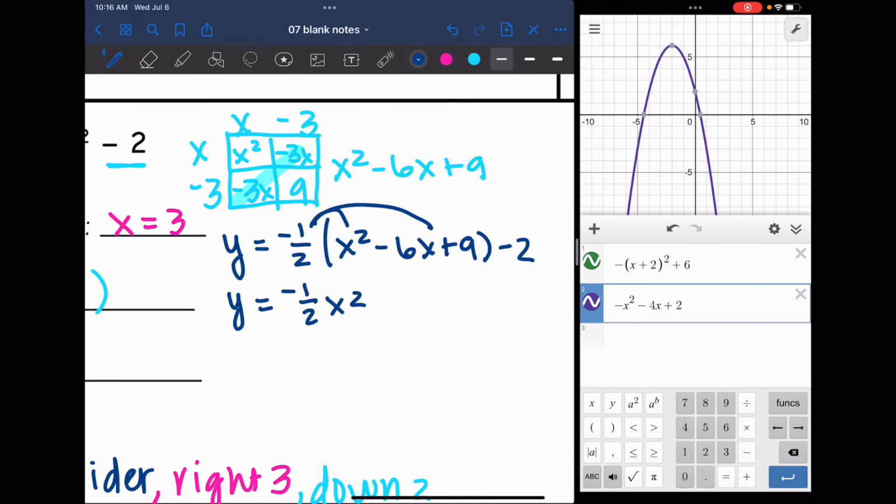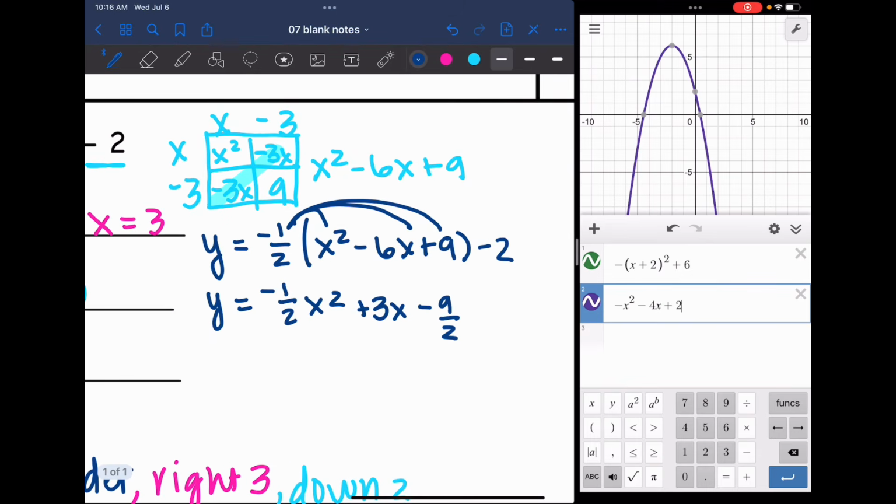Negative 1/2 times negative 6x is positive 3x. And then negative 1/2 times positive 9 is negative 9/2. And instead of just writing minus 2, I know I'm going to combine it with this number, so I'm going to change this minus 2 to a minus 4/2 to get those common denominators. So now it's easier to combine.